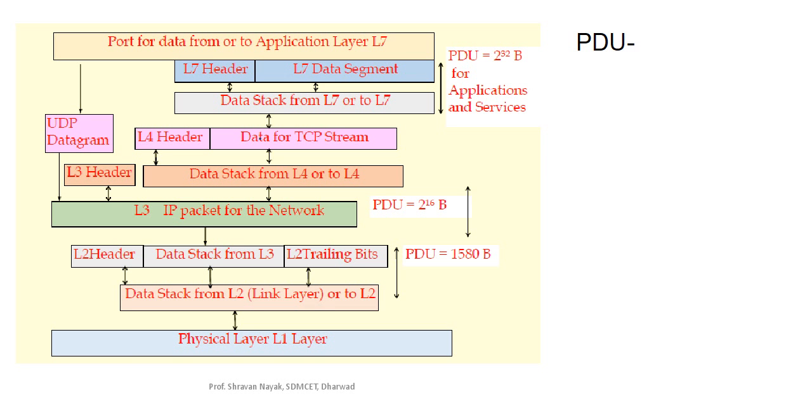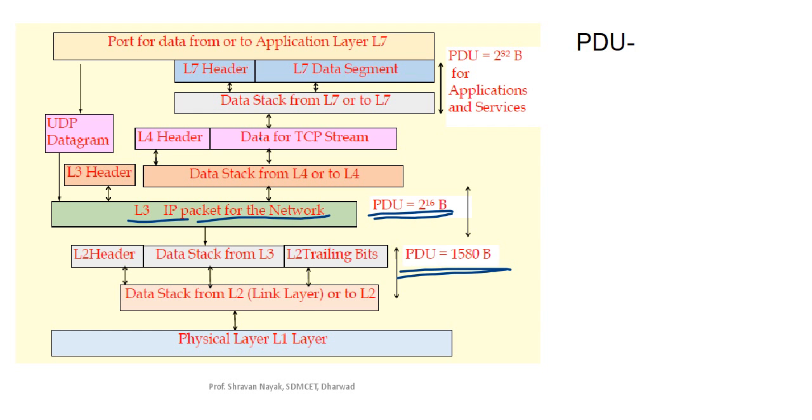When I speak about the communication here, please look here. We start from the physical layer, that is L1. Then you go to the data stack from L2, where you see the PDU here, that is 1580 bytes. Then you go to L3, wherein you have the IP packets for the network. There the PDU gets changed.